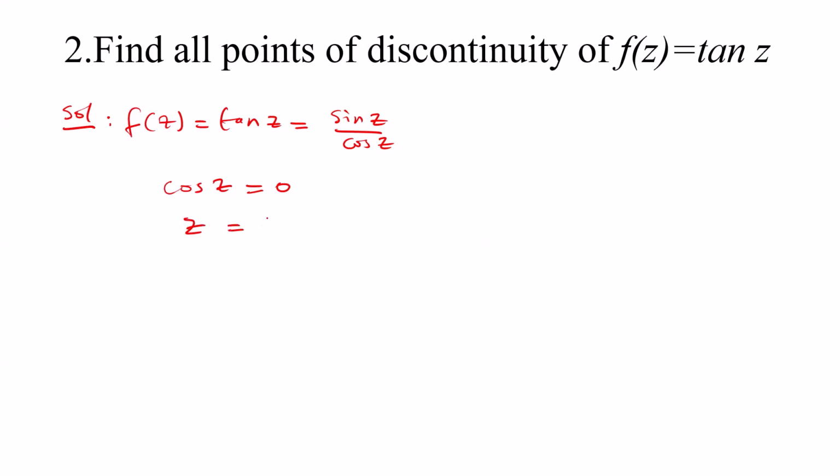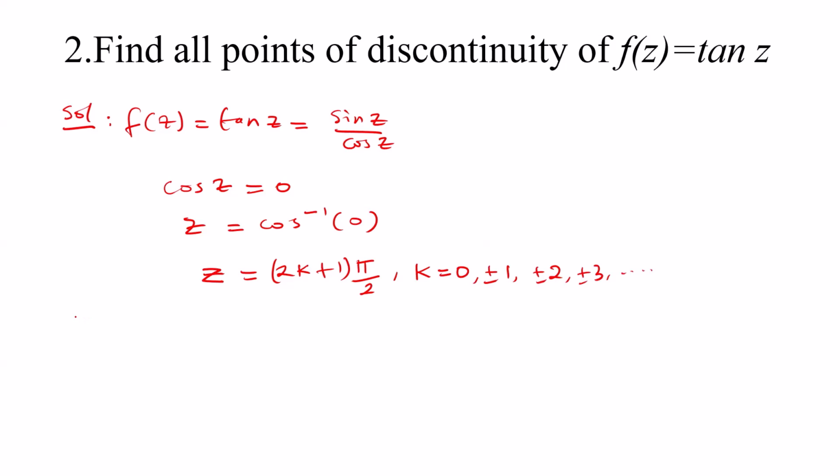Then we say that z equals arccos of 0, and from here we know that z is equal to (2k plus 1) times π over 2, for k equals 0, plus or minus 1, plus or minus 2, plus or minus 3, and so on.